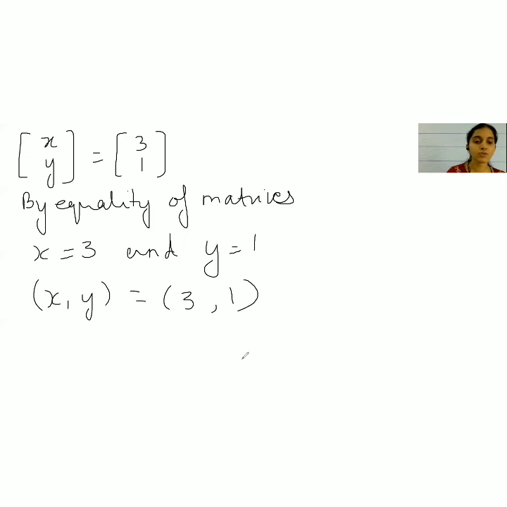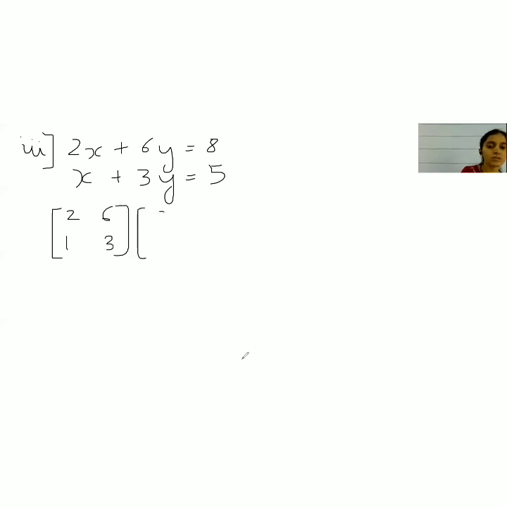Okay, I'm doing one more sum from this one. It is the third one. Now, the third one, the equation is 2x plus 6y is equal to 8 and x plus 3y is equal to 5. Okay, what you have to do is write your matrix form of the linear equations and your constants.